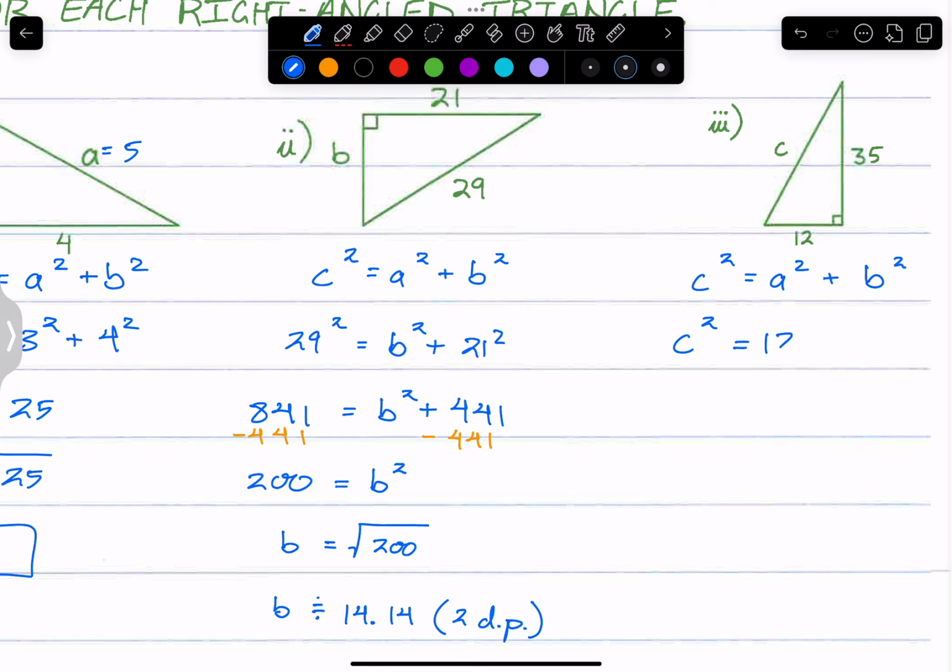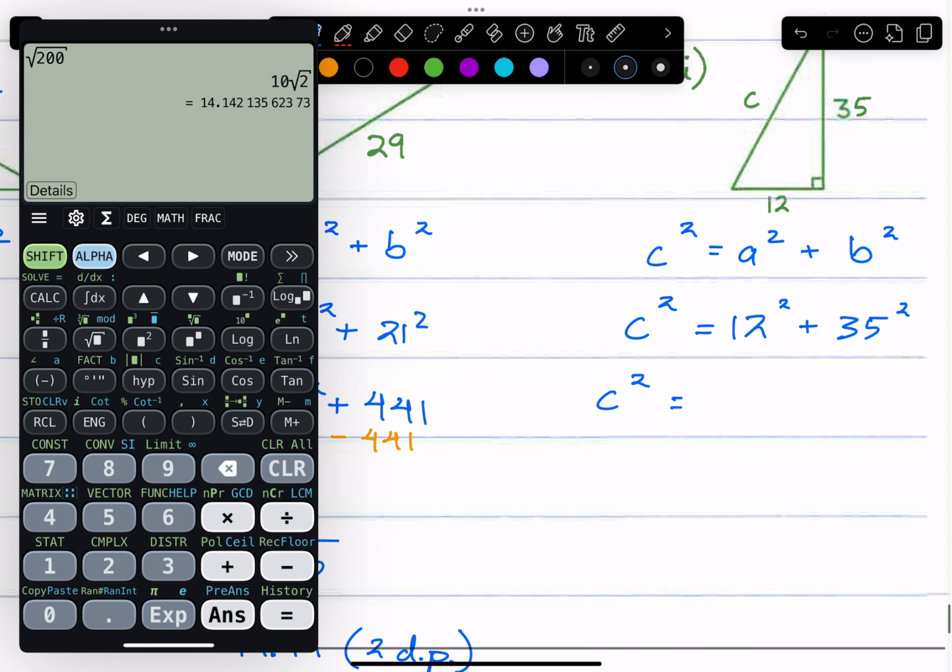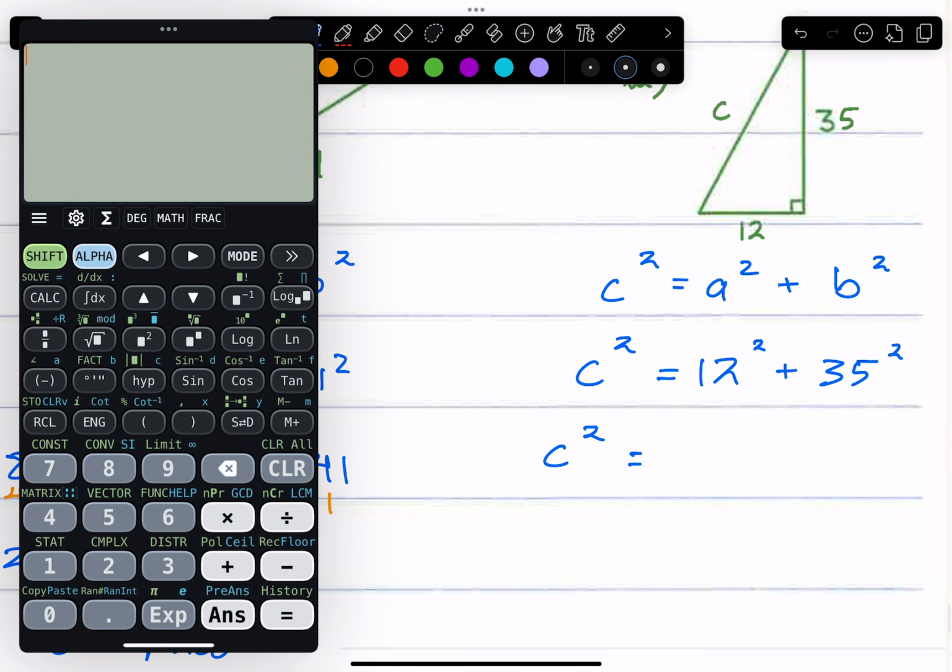So this becomes 12 squared plus 35 squared. Notice how in this one, both these numbers are on the same side, so c squared remains on its own. And this is what we can type into our calculator. 12 squared plus 35 squared gives us 1369.